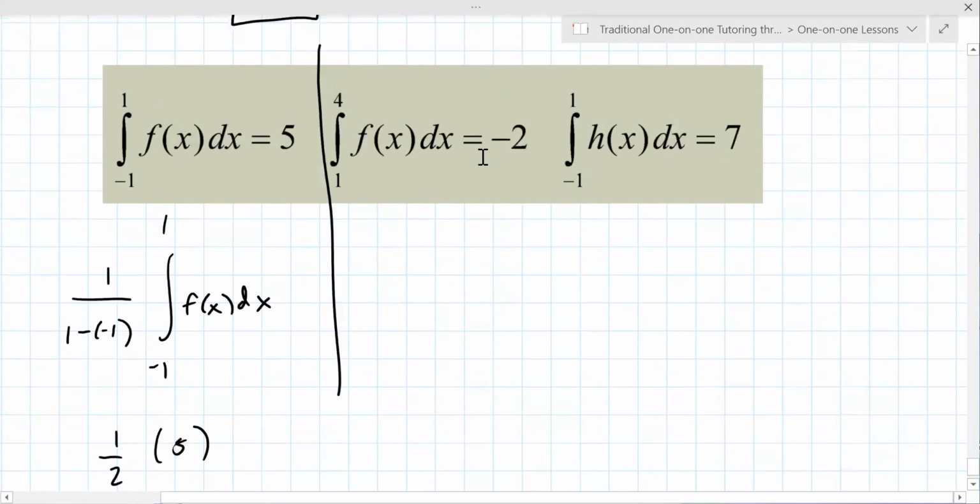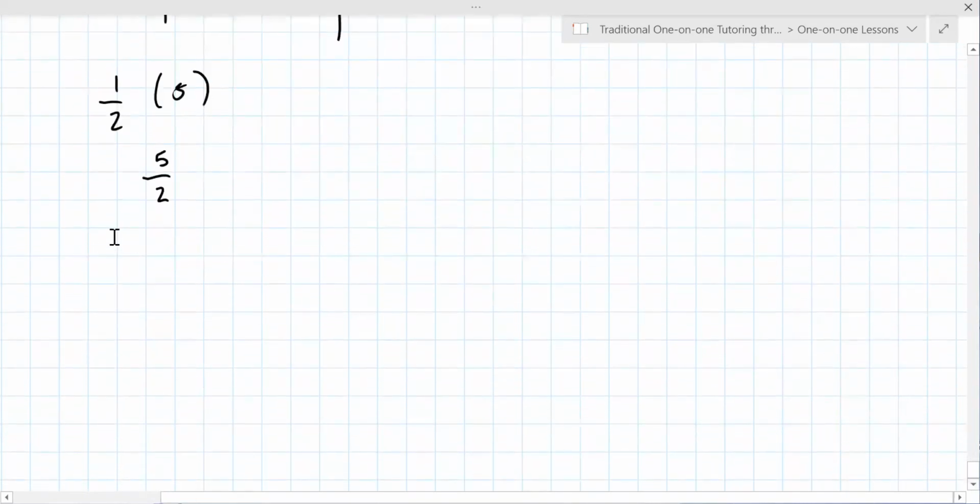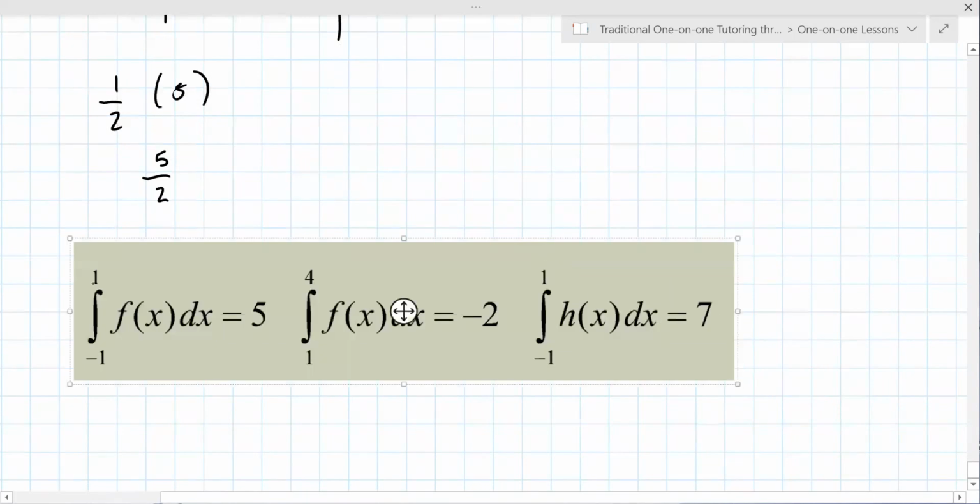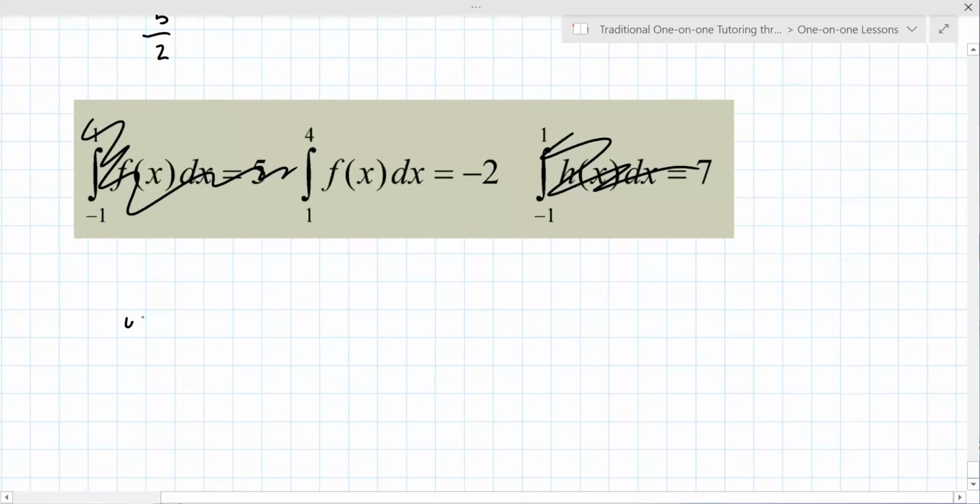Yeah, okay. But now let me slightly increase the difficulty here. We're not going to use that one. So it'll say, what is the average value of, let me write it this way, f of x plus 6 from 1 to 4.